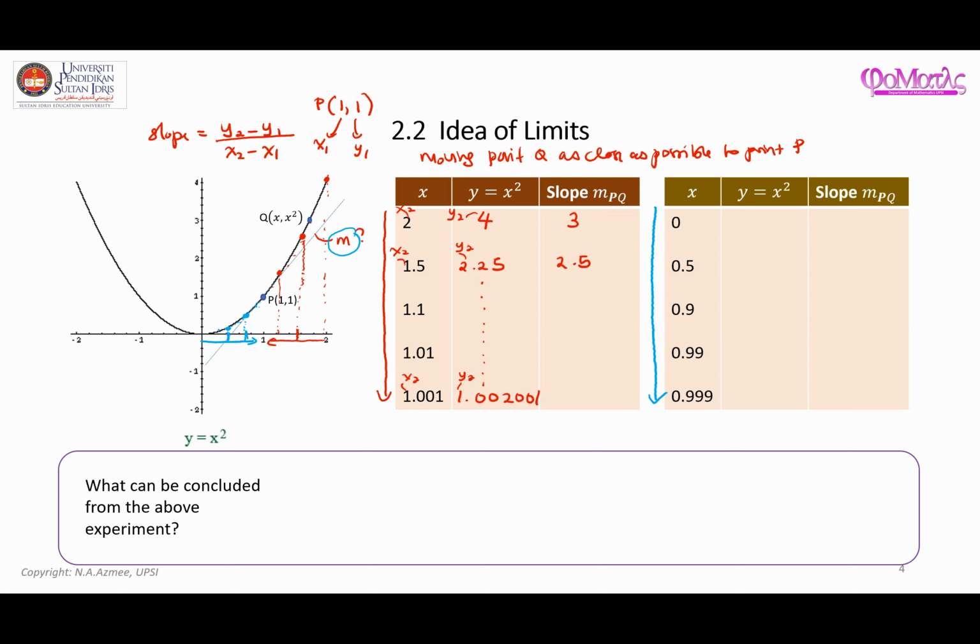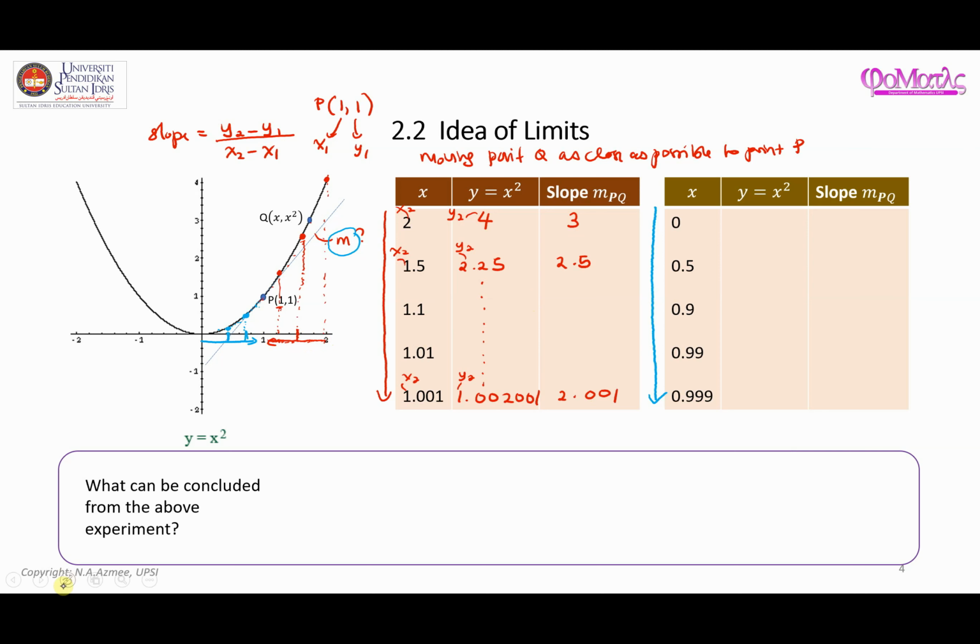So the slope when x gets closer and closer to 1, you see the value of x is 1.001, which is very close to the value of 1 here for the P coordinate, then the slope of this one is going to be equal to 2.001. So that is the pattern that you will see when x comes from 2 and approaches 1 from the right direction.